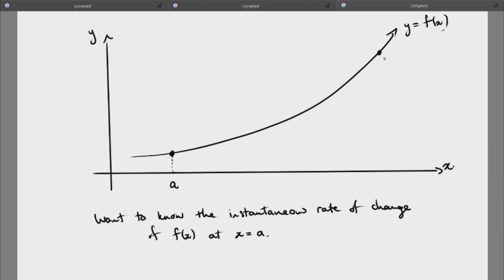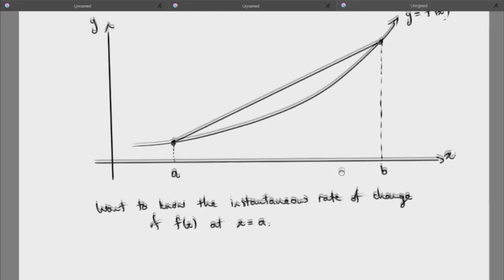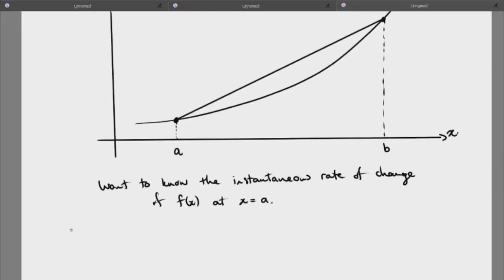So let's suppose I have another point. I know I'm changing the question. Let's suppose I have another point. Then I know what to do. I connect the two and look at the secant line. So I'm just going back and using what I already know. So instead of, we are trying to answer the actual question, but I don't know how.